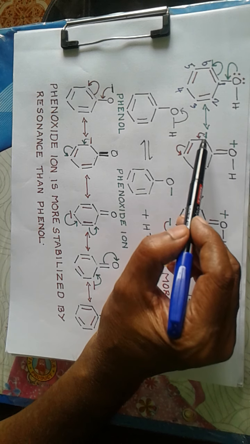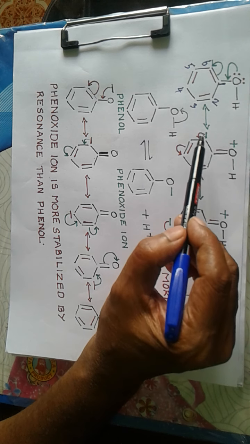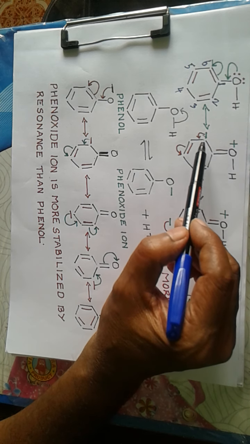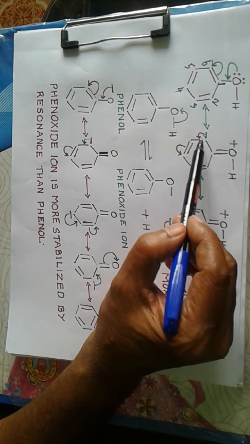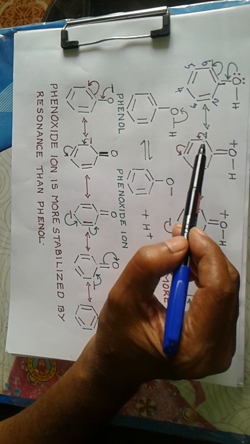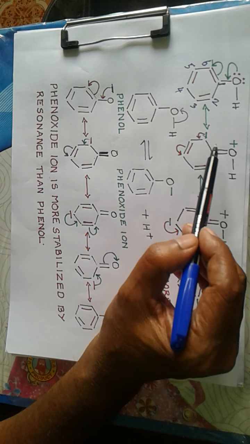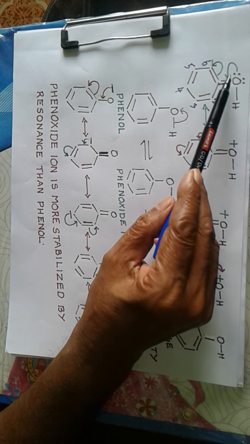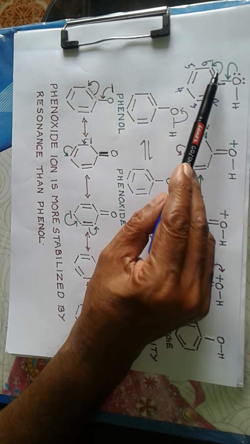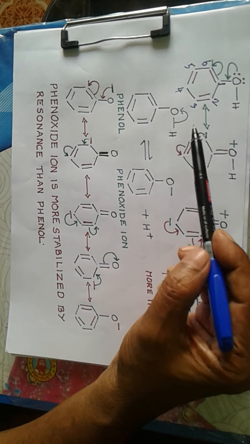Now, a negative charge means there is a pair of electrons in an orbital. Now, if we assume that this carbon is sp2 hybridized and an orbital possessing a lone pair of electrons, now the shifting of this pair of electrons and simultaneous shift here will repeat.